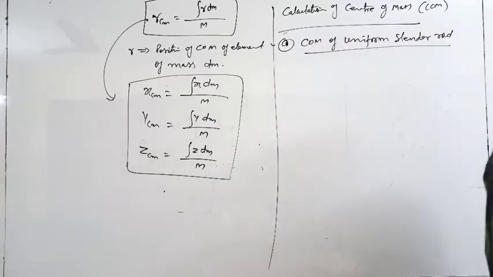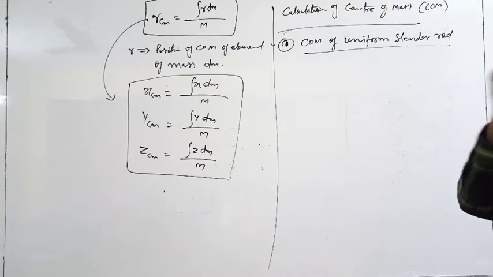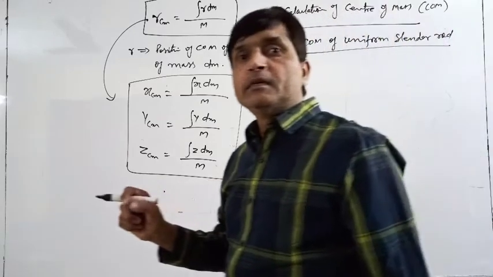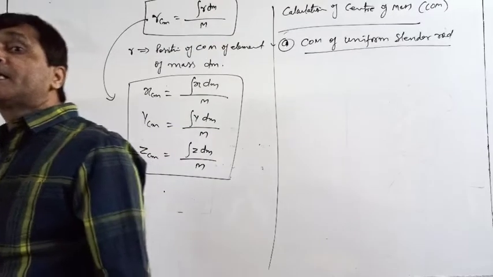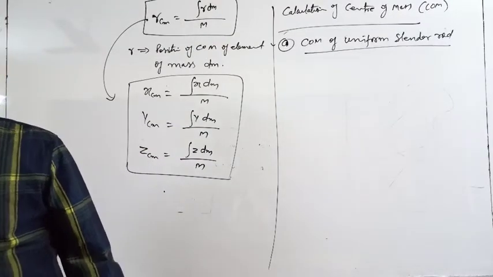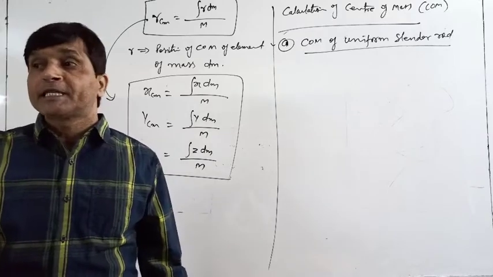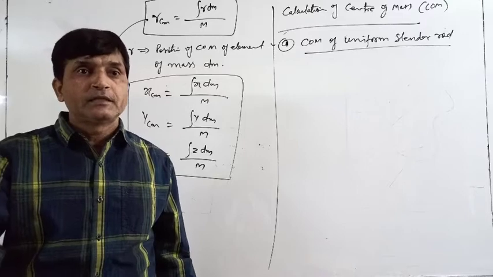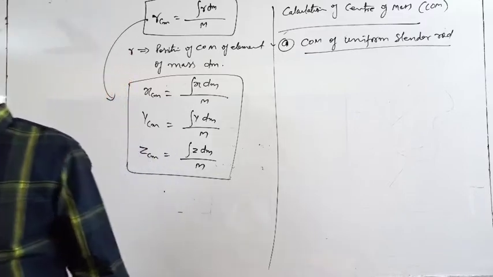Okay, uniform means mass distribution is uniform. Slender means thin. It means the diameter of that is negligible, just like a wire. Diameter we are not considering. If the diameter is not negligible, then the rod becomes a cylinder. What is the difference between the rod and cylinder?